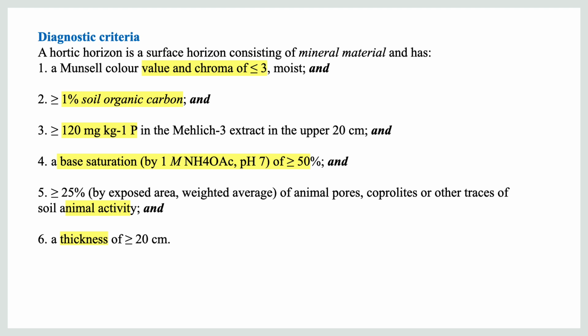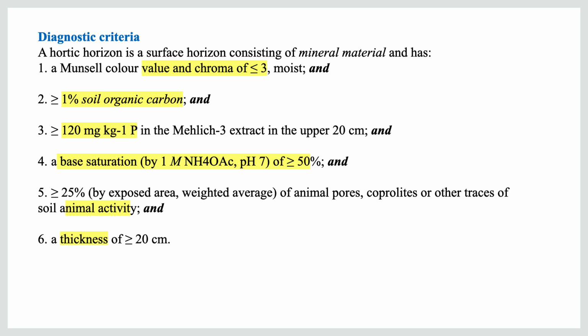On the other hand, if you have a higher content of aluminum, higher than the summed content of calcium, magnesium, potassium, and sodium, you have a dystric soil or at least a dystric horizon. So again, pay attention: base saturation, eutric and dystric properties or expressions are different in WRB. Okay, so keep this in your mind.